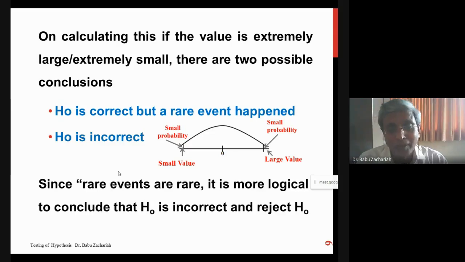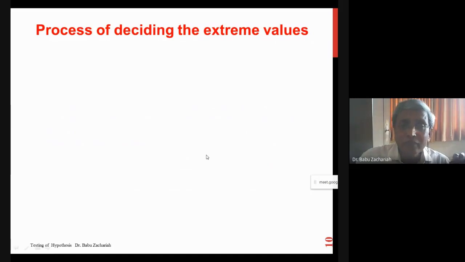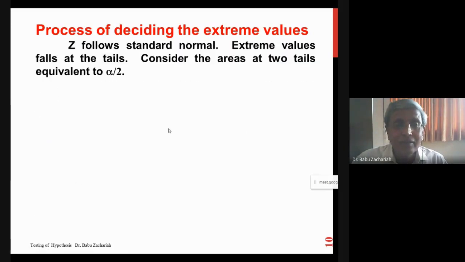So usually using this logic, if a rare event happens, we reject H0. Now, the process of deciding the extreme values. Z follows standard normal, and extreme values fall at the tails. Consider the areas at the tails equivalent to alpha by 2.